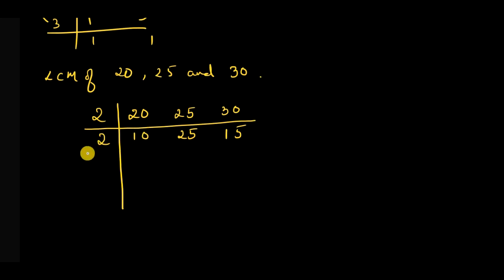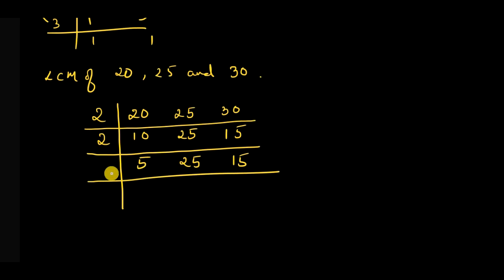So I'll write it down here: 5, 25, and 15. Now I can't write down 2 here because no number is divisible by 2, right? The next prime number is 3. And we know that 15 is divisible by 3, so I need to write it down here. Other numbers will stay as they are, 5.